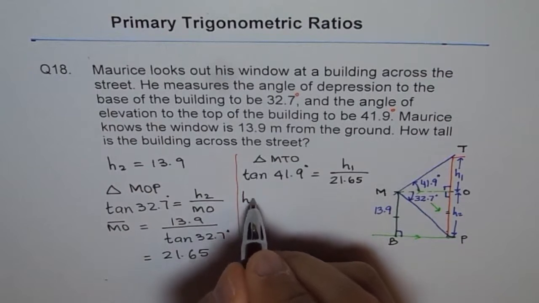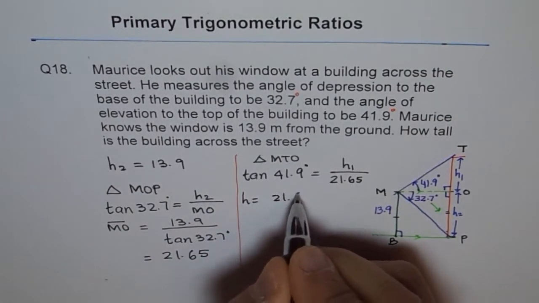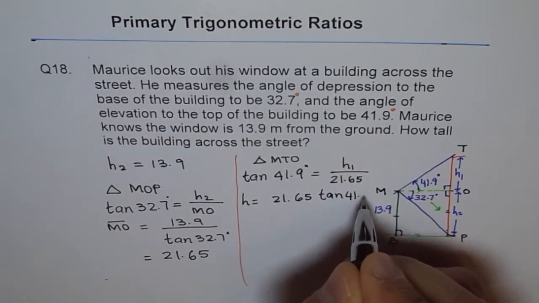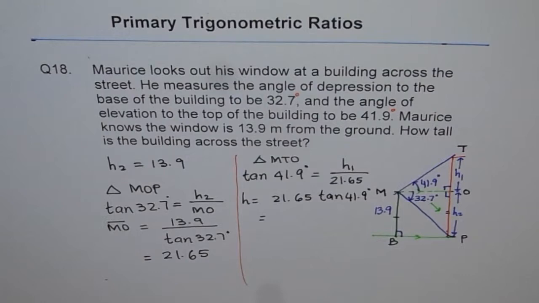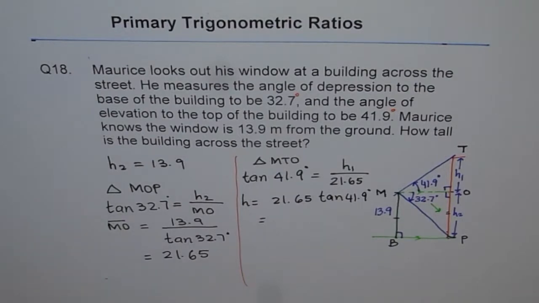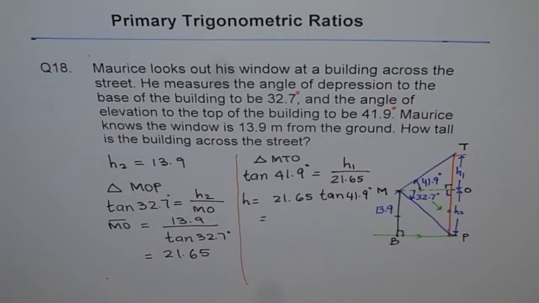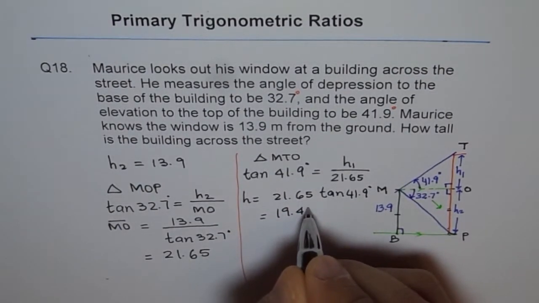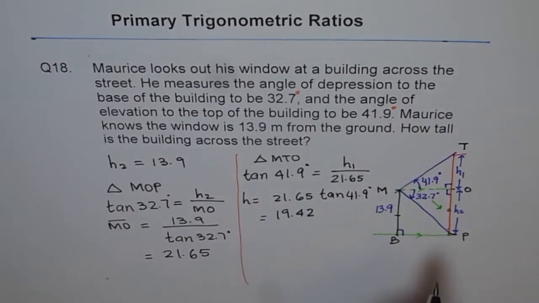So h1 is equal to 21.65 times tan of 41.9 degrees. I'll multiply my answer by tan 41.9. That gives me 19.426. Now since all these numbers are in one decimal, we'll round our answer to one decimal place.